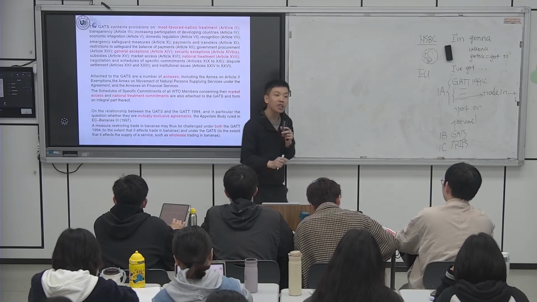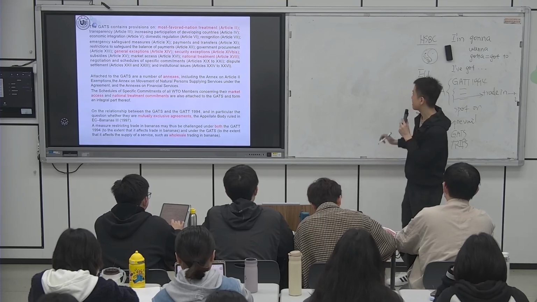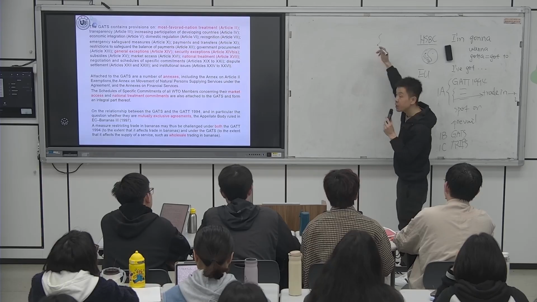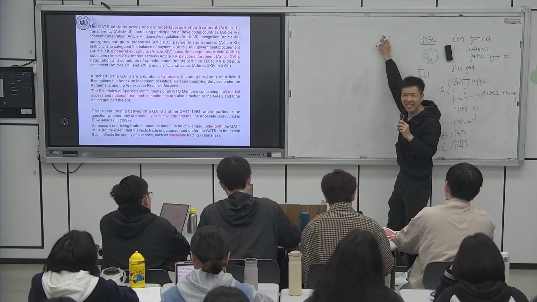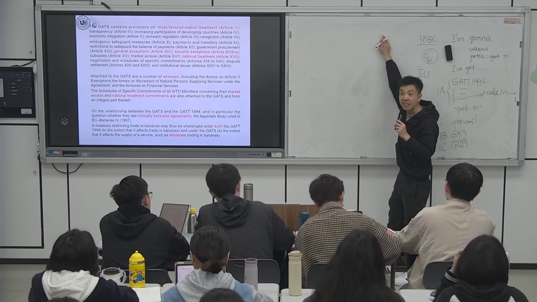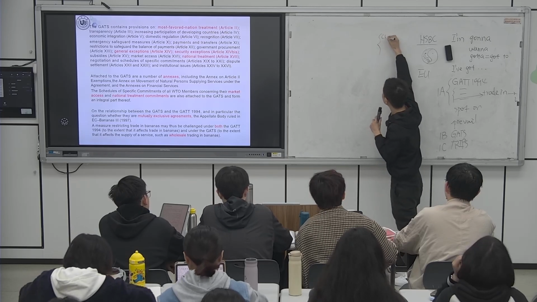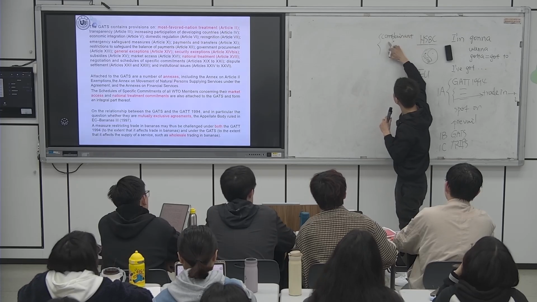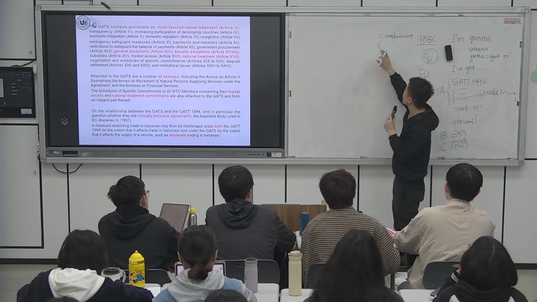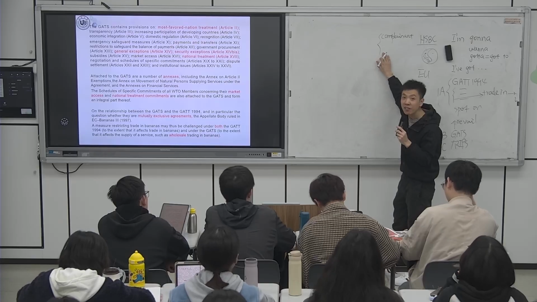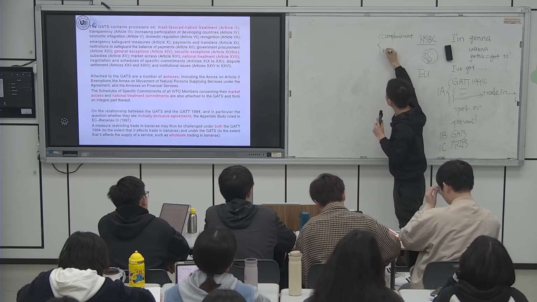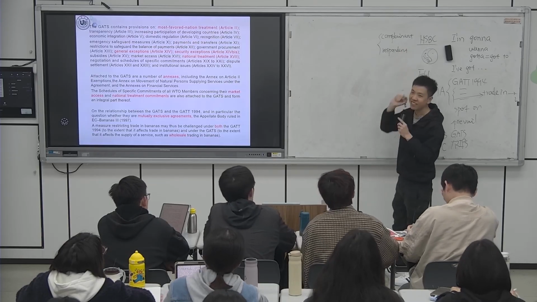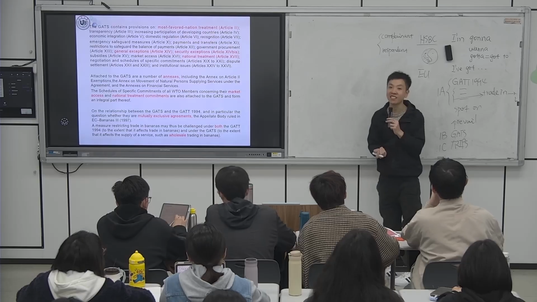EC is the respondent. There are two parties in the WTO dispute. The plaintiff has another name. It's called complainant. And the defendant is called respondent or responding party.